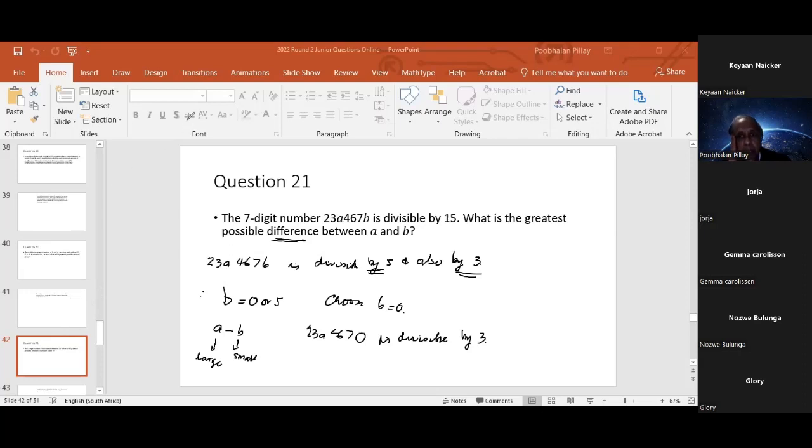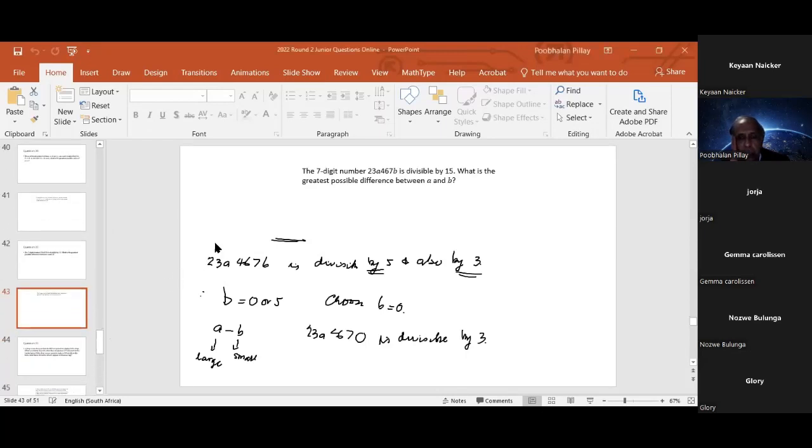I can go into the next page because I do have space. Okay, so it's divisible by 3, and I'm going to go to the top here.